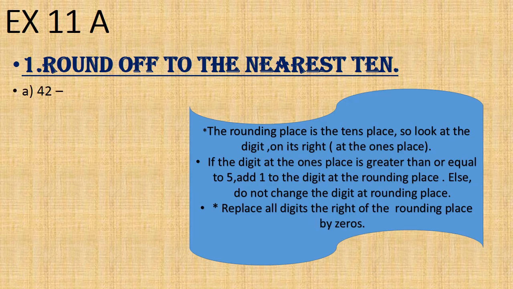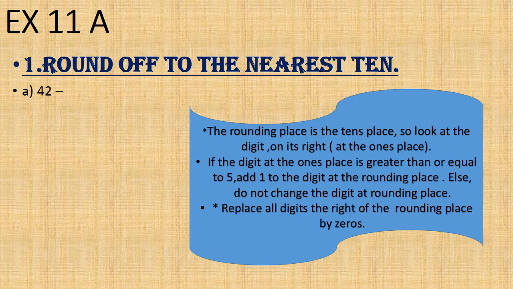So our first question, part A, is 42. As we can see, we have to round it off to the nearest 10. The number in tens place is 4. So to round it off, we will see on its right, and in ones place we are having 2.